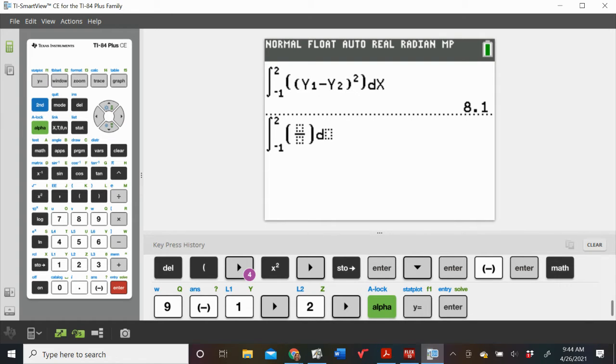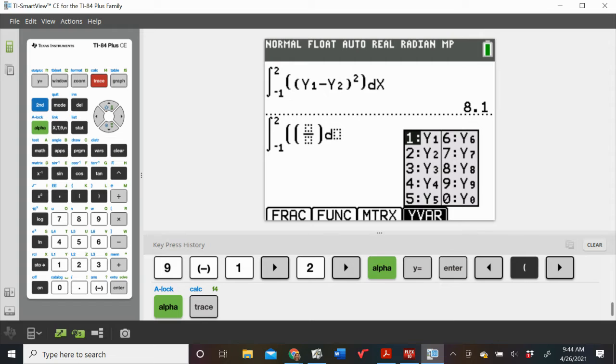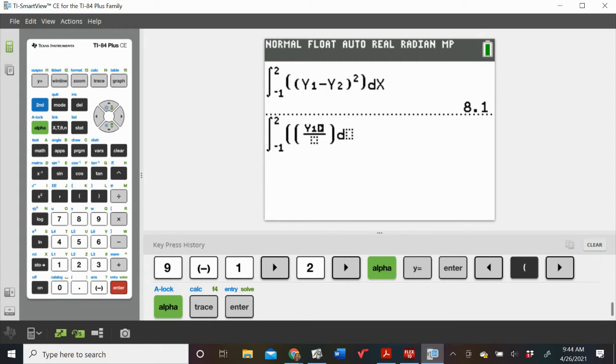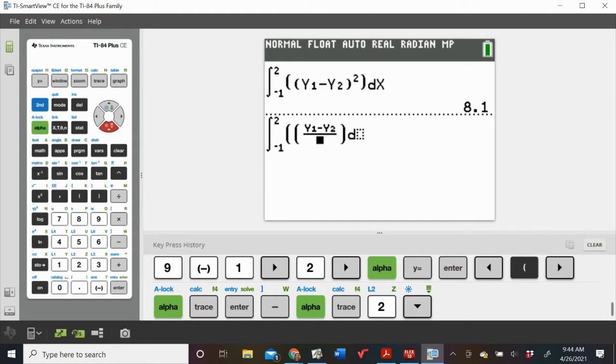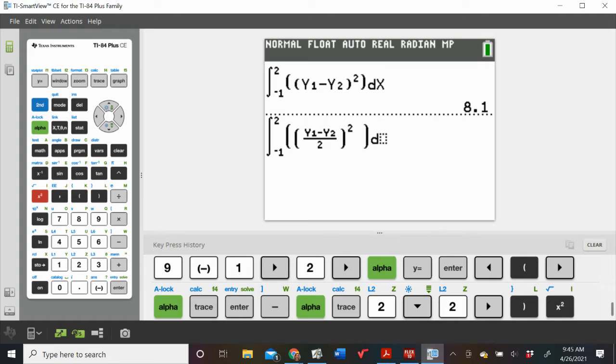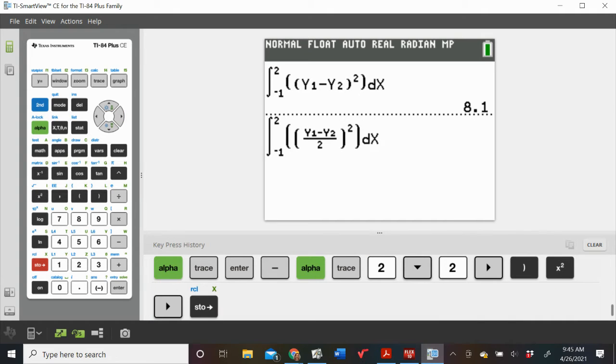And so I'll have y, parentheses, alpha trace y1 minus alpha trace y2 over 2, close parentheses to the second power, dx. And so it should be that part, no big deal.